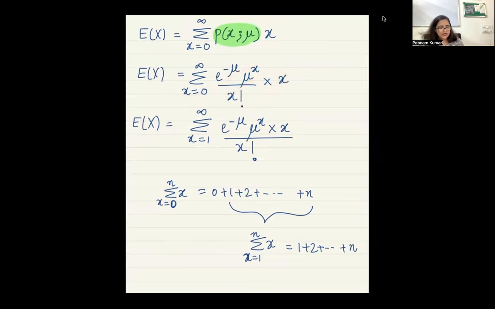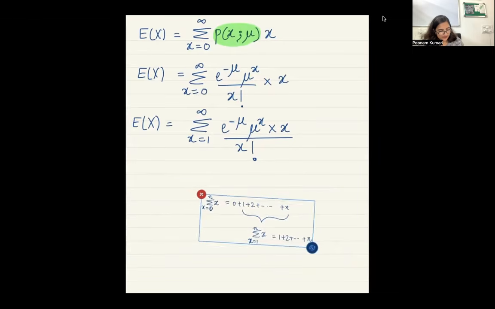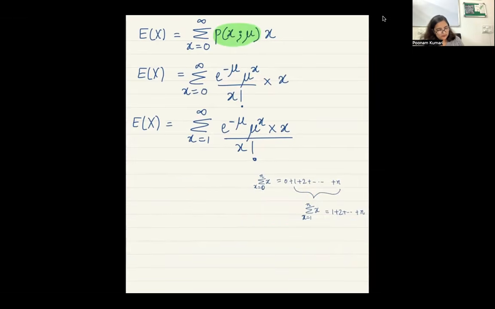So rather than starting from 0, I just said, okay, let's start from 1. Now can I write it in a different manner?